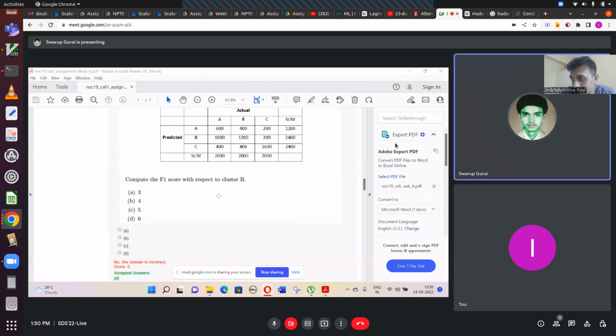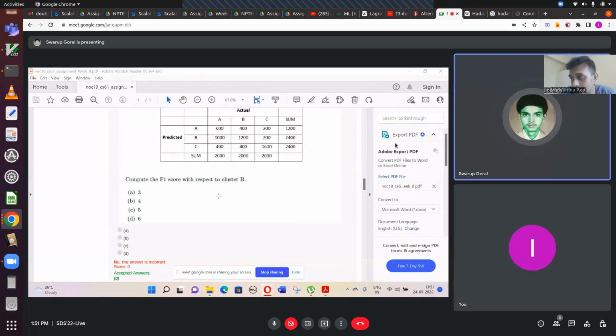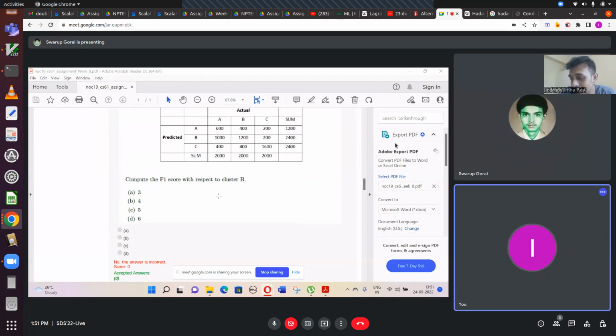Precision is 0.5, plus recall, which is 0.6, gives 1.1. So 10 by 11? The formula again: 2PR by P plus R. What is your numerator?